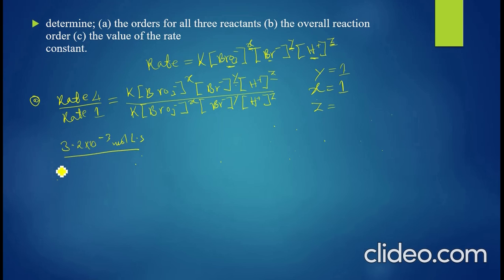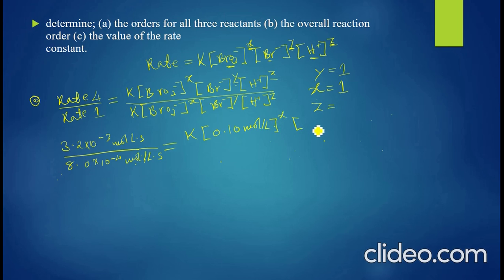And then on experiment 1, our rate is 8.0 times 10 to the power negative 4 mole per liter per second. And then this is equal to, on top there on experiment 4, our initial concentration for bromate is given to be 0.10 mole per liter, raised to x power.